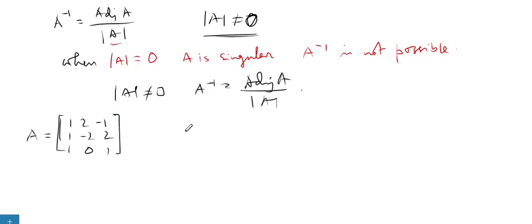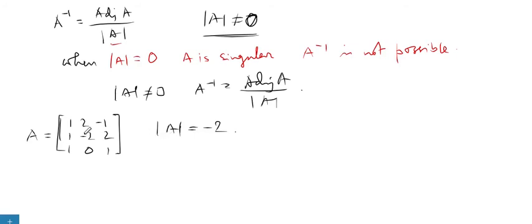The determinant value of A is minus 2. You may find out the determinant value of this matrix on your own. I am writing it here, I'm not finding that.